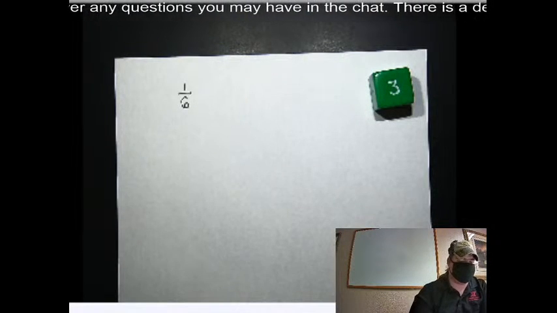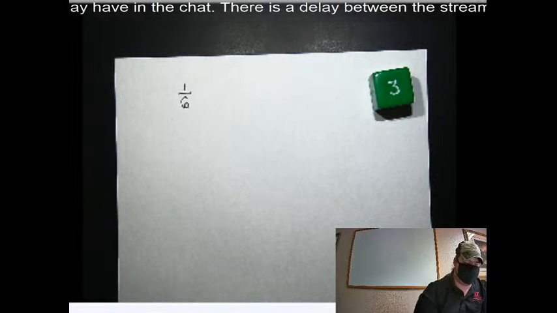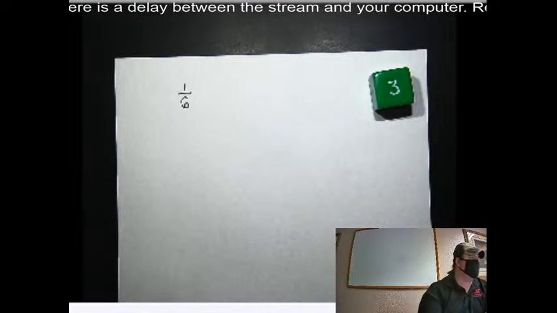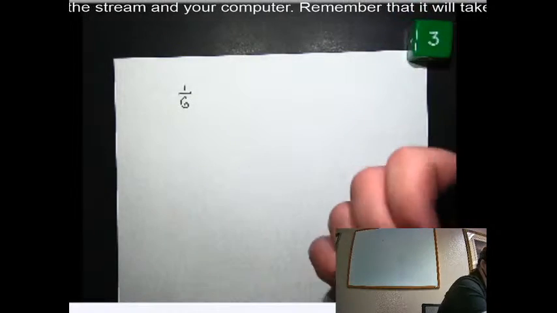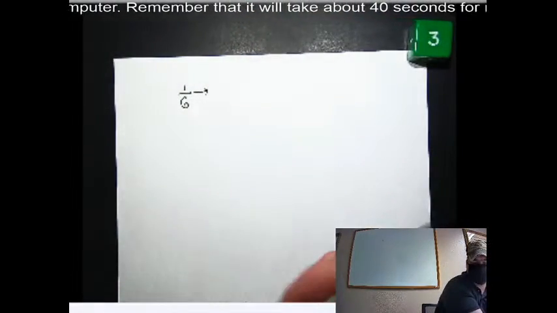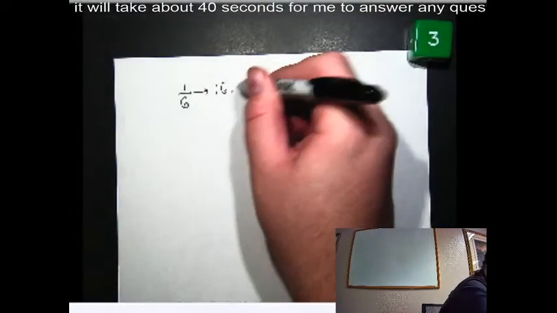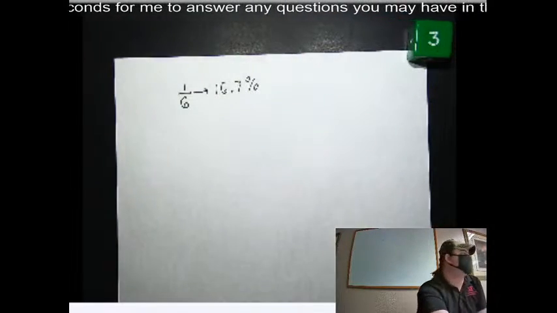If we have a 1 in 6 chance of rolling a 3, then we just divide 1 by 6 and then multiply by 100, and we get a percent chance. So the percent chance of rolling a 3 on this die is 16.7, and so about a 17% chance.